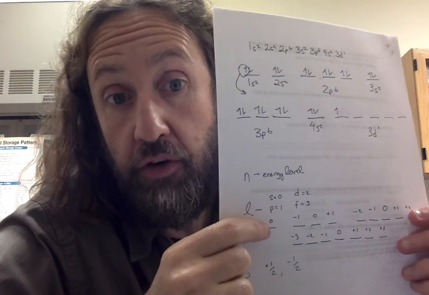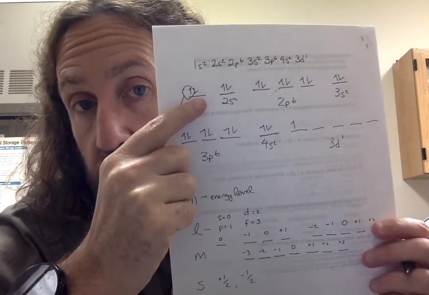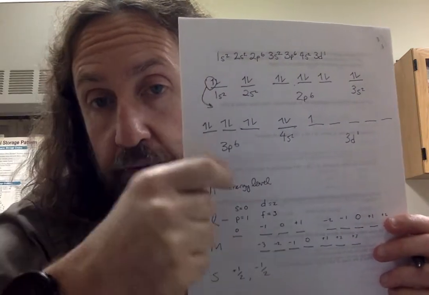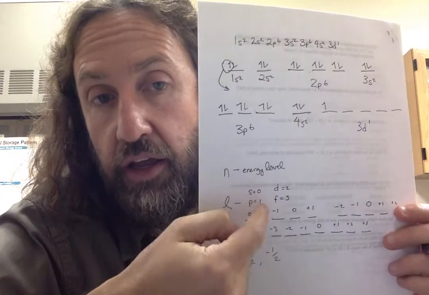It's going to be 0 again because there's only one suborbital, one line to put electrons on in any s, and then it's pointed up, so it's plus 1/2. So those 4 numbers are 1, 0, 0, plus 1/2. And we just made our first set of quantum numbers.